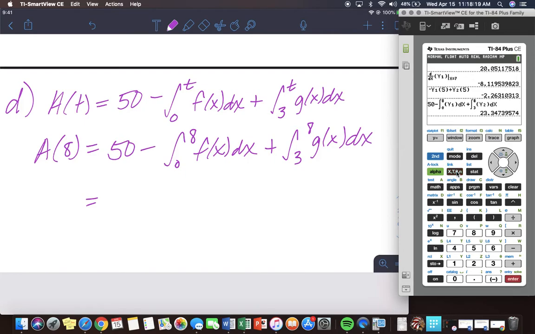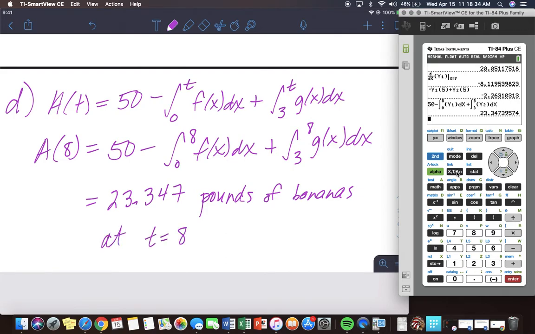So 23.347, and this would be pounds, at t equals 8.